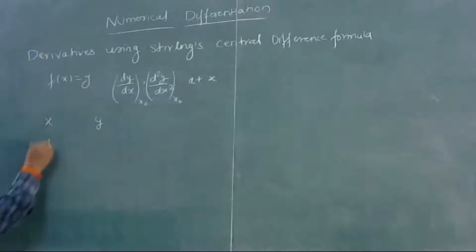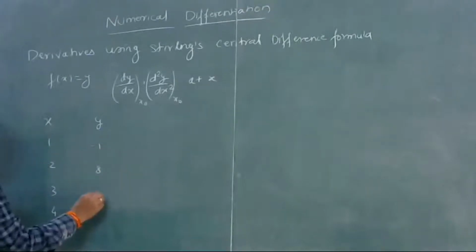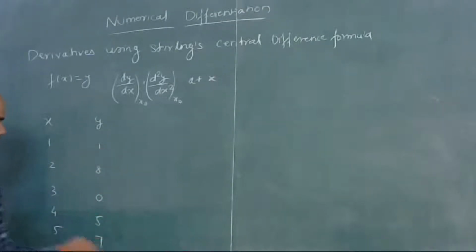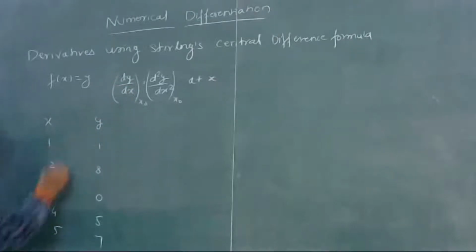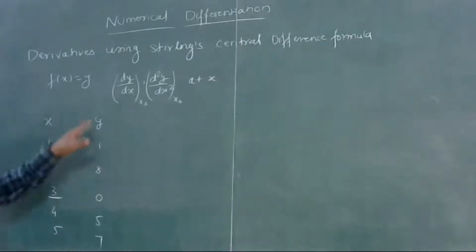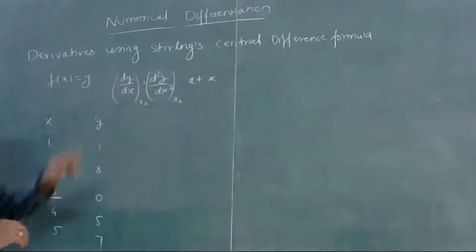So 1, 2, 3, 4, 5, and y values minus 1, 8, 0, 5, and 7. So these values are given for x and y, and we have to find the value of dy by dx in the middle of the table, that is at x is equal to 3.